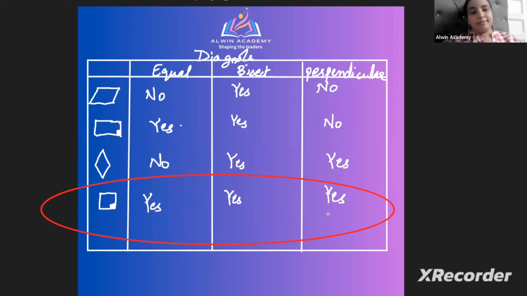Clear everyone or not? Now I think this will give you permanent memory for quadrilaterals, and if this is done, the parallelograms chapter in 9th and 10th will become very easy for you. Theek hai bacche, clear everyone?